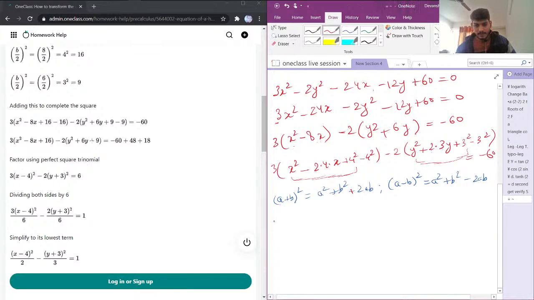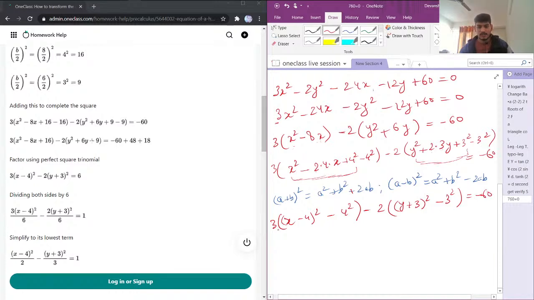So I have 3 times (x minus 4) whole square minus 4 square, minus 2 times (y plus 3) whole square minus 3 square equals negative 60.